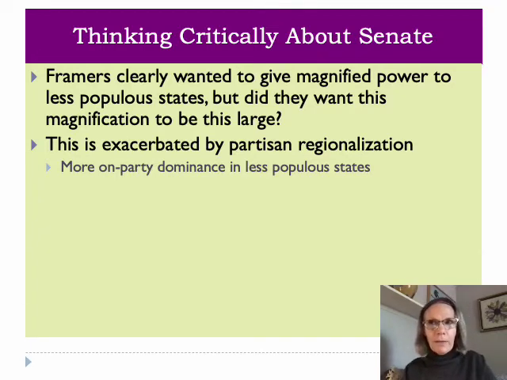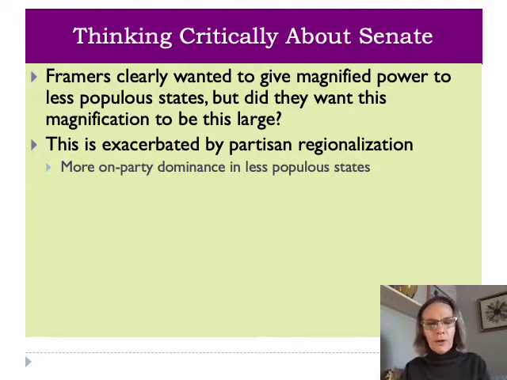Now, whether it's the Republican Party dominating the small states or the Democratic Party dominating the small states, it shouldn't matter. The concerns should be equal. When you have these lowly populated states all voting the same way, not only are they getting more say in the Senate, but one party is getting more say in the Senate.